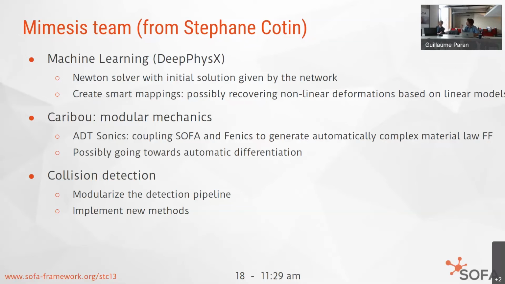That's the reason why deep physics was started. And about mappings, creating mappings that could recover nonlinear deformations, even if you have a linear model simulated on the physical part, but a mapping that would make the rendering appear as if it were a nonlinear constitutive law, through neural networks as well. That was an idea of Stefan. So that's what they are looking for.